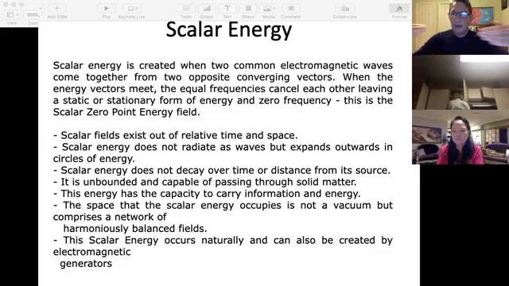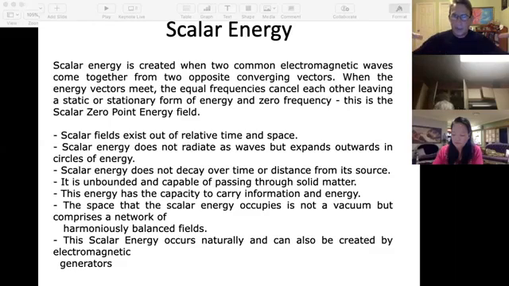But when those two straight lines come together and match, they can neutralize to create the circular standing waves, which is what we call the scalar zero-point field. Now, this scalar field exists outside of relative time and space, and this is why we can access the higher dimensions of consciousness beyond the interference of the Earth's electromagnetic field.